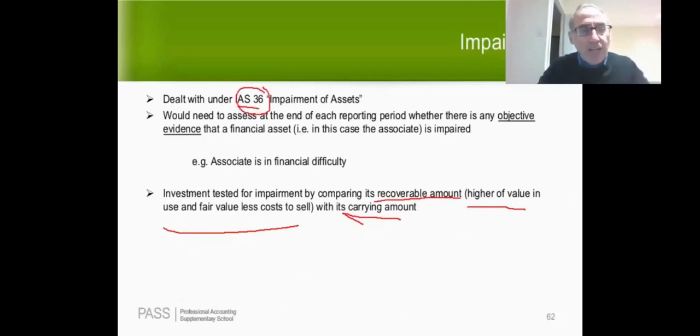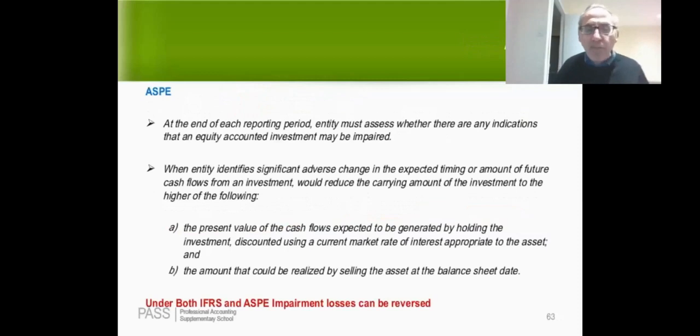That handbook section does not include equity accounted investments. So Ira would not have covered equity accounted investments when he was dealing with impairment of assets under ASPE. Under ASPE, impairment of equity accounted investments is covered in the same section as the equity method. It's covered in section 3051, which we're talking about right now.